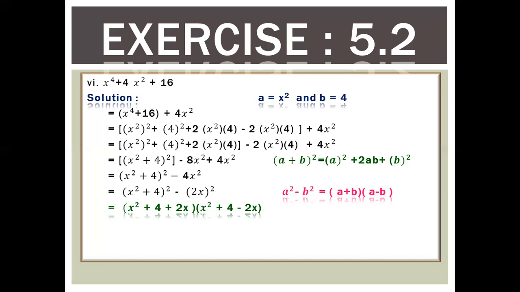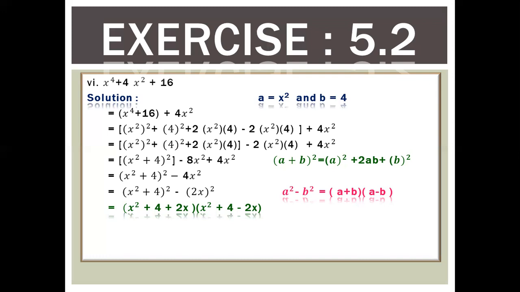We add and subtract both. 4x² is separate. This is already given to us in the question. Again we combine the three plus terms, x² plus 4 square plus 2x²·4, and we leave the negative sign, which is minus 2x²·4.